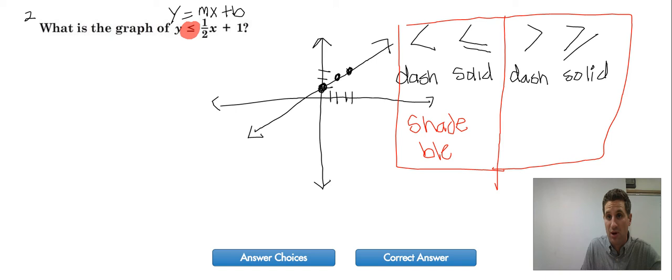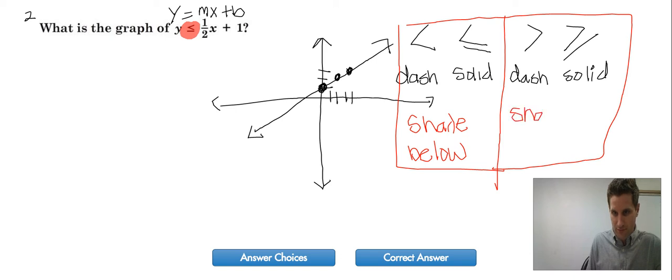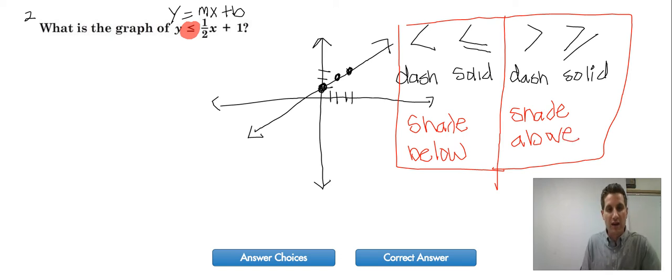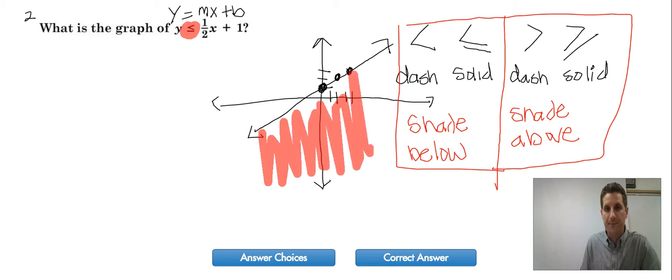Let's try that one more time. And this is greater than, so we're going to shade above. And we have a less than sign, so we're going to actually shade below.